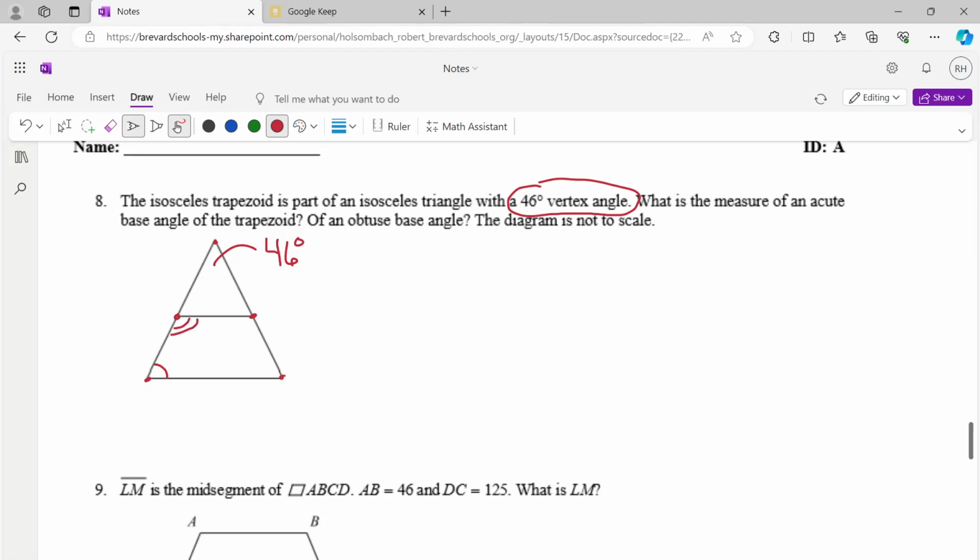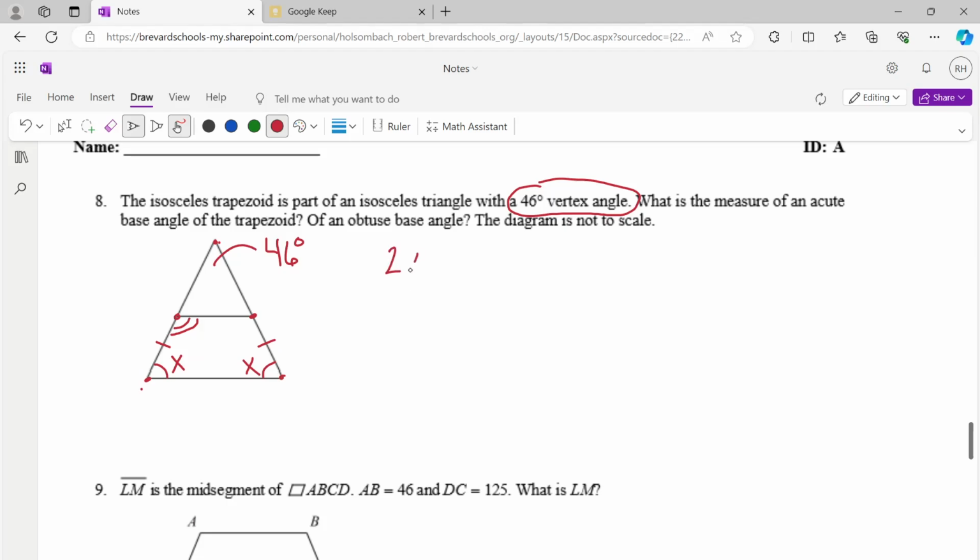And what we know from this isosceles trapezoid is that these two angles are congruent because these two sides are congruent, because you're told it was an isosceles trapezoid. So what we do is label these base angles x, and we look at this big triangle first. We've got a big isosceles triangle around the outside here, and these three angles need to sum 180.